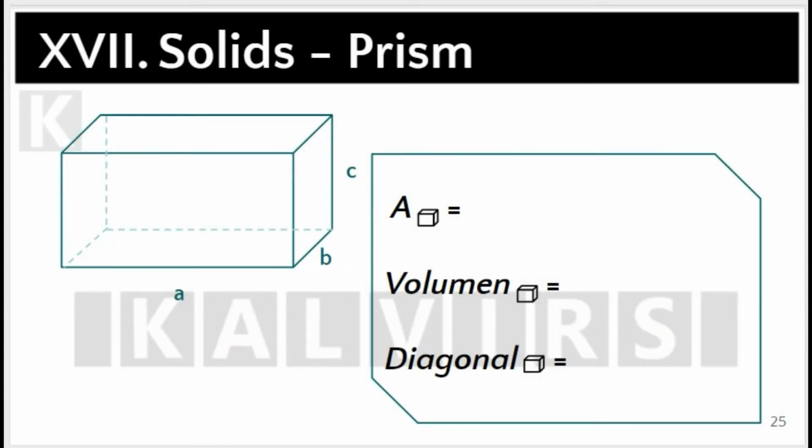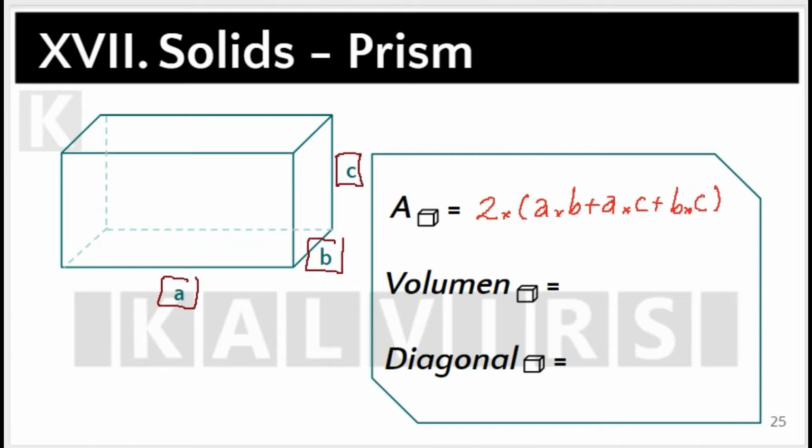A rectangular solid is a 3-dimensional box with 6 rectangular faces. Let A, B, and C be the edges of the rectangular solid. Then the total surface area of a rectangular solid is 2 times (A times B plus A times C plus B times C).